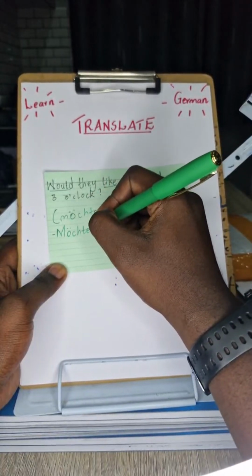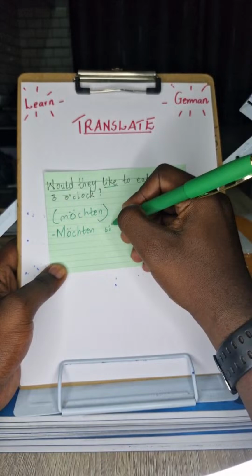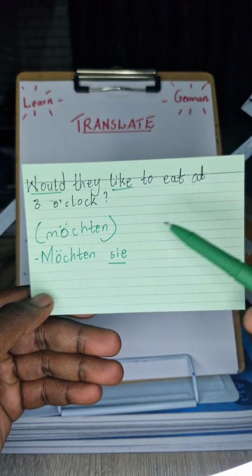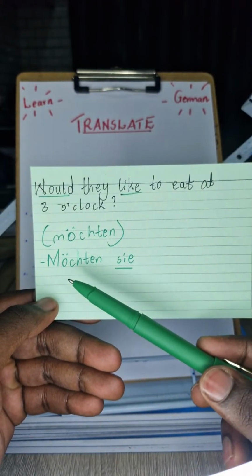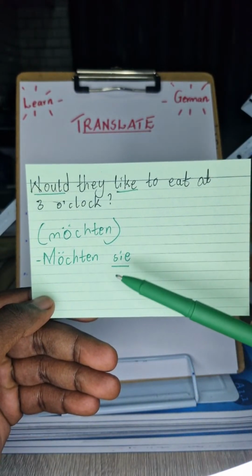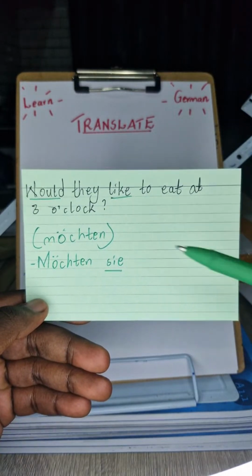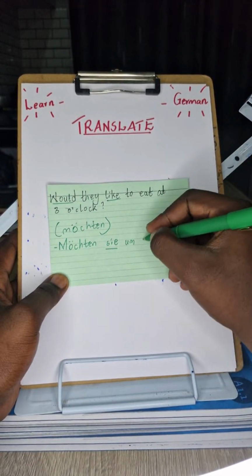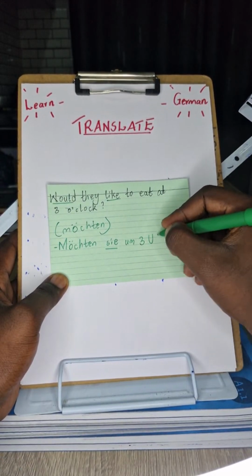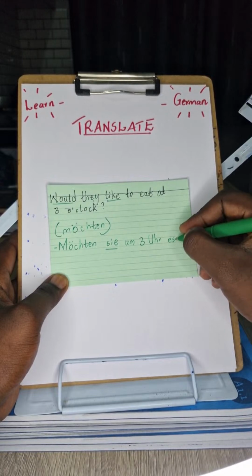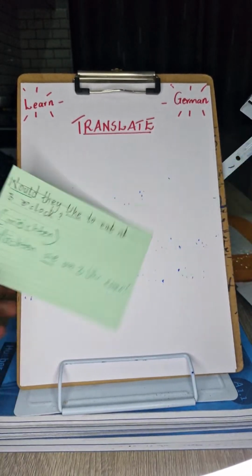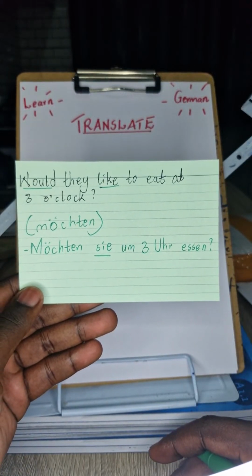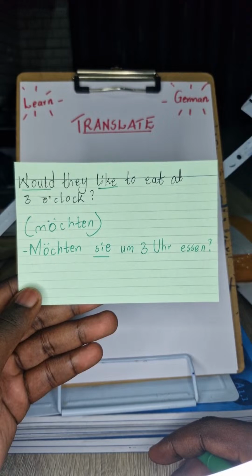Now, in this case, the sie is small s-i-e. If you put capital S, it will mean you. So the answer is Möchten Sie? Would they like? Möchten Sie? And then at 3 o'clock, 3 Uhr. Möchten Sie 3 Uhr essen? So that's correct. Möchten Sie 3 Uhr essen?